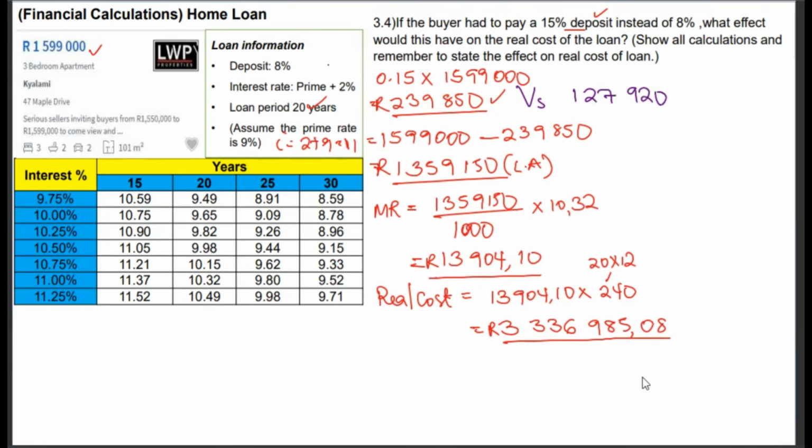Then when we compare it with the monthly repayment, the monthly repayment here, it's the 8%, it was that. And then when you compare it with the real cost, the 8% has 3,643,500 and 70. What do you see? Number one, the deposit.